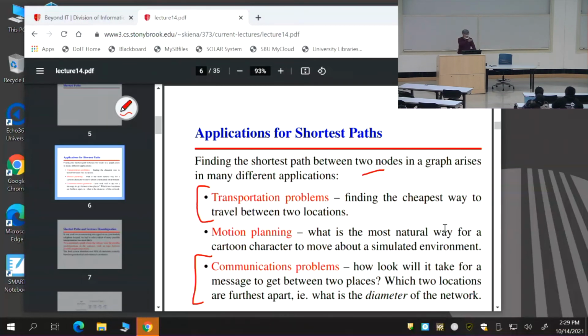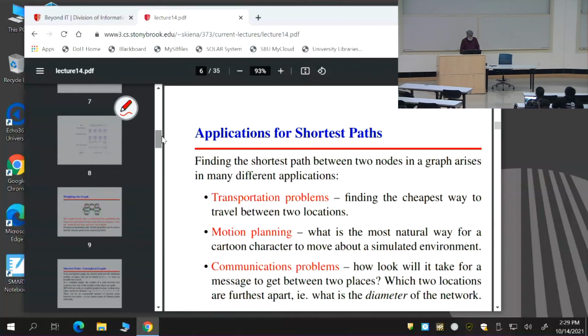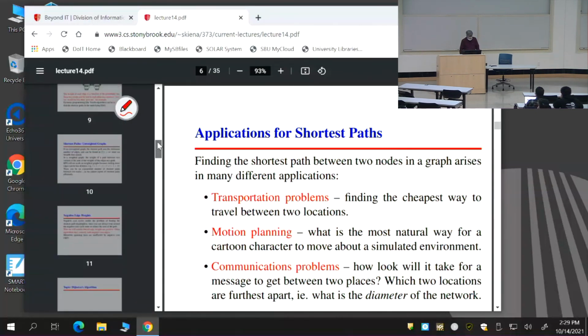The way that should take the smallest amount of time. Okay? So finding shortest paths in graphs are important problems. And maybe next time, if I remember, I'm going to show you a good application of finding shortest paths.